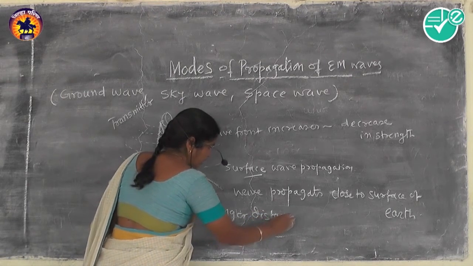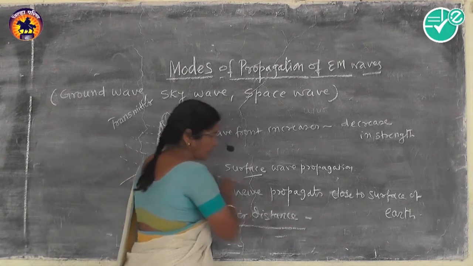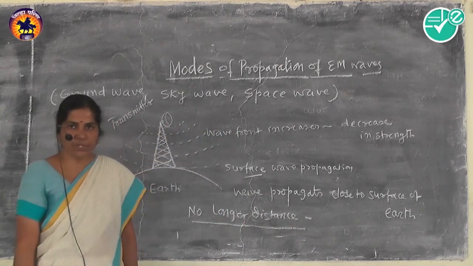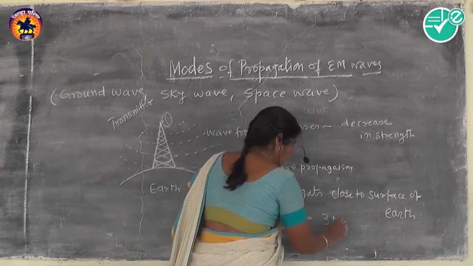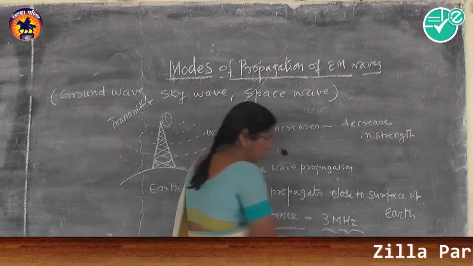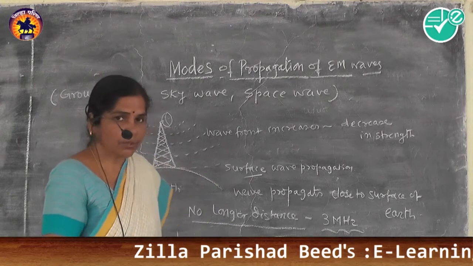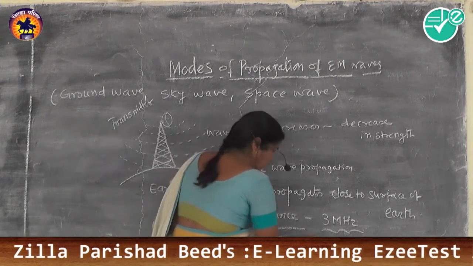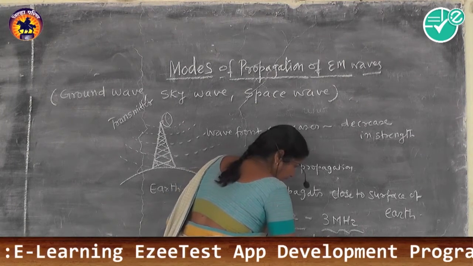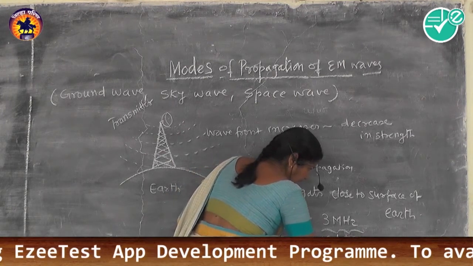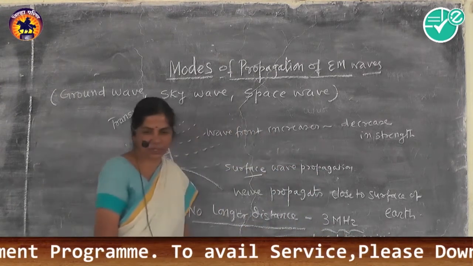No longer distance can be covered with this type of propagation, and so we choose a very limited frequency, up to 3 megahertz, for ground wave propagation. It is useful for local broadcasting, TV signals or FM band radio also. So local communication and local transmission can be done with the help of this type of wave propagation.